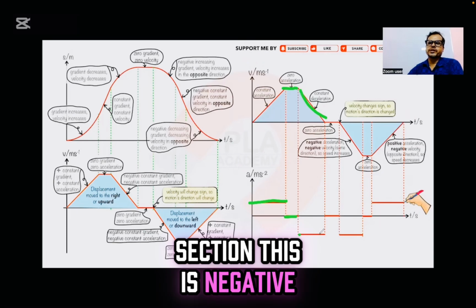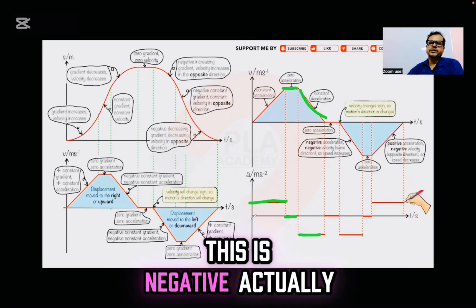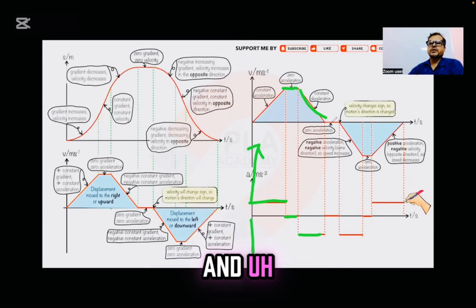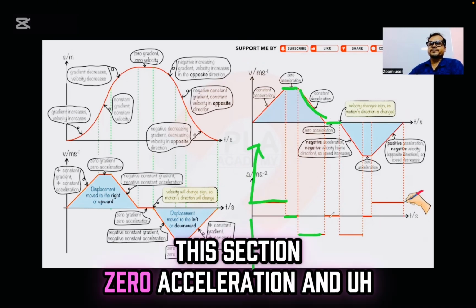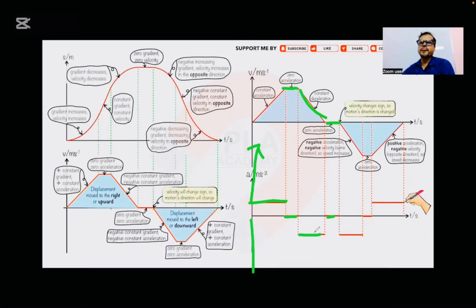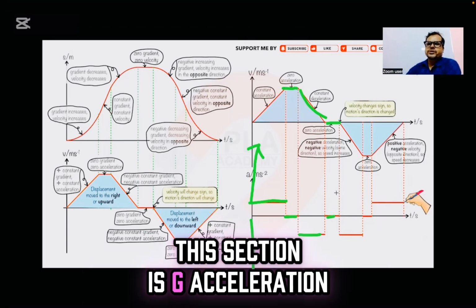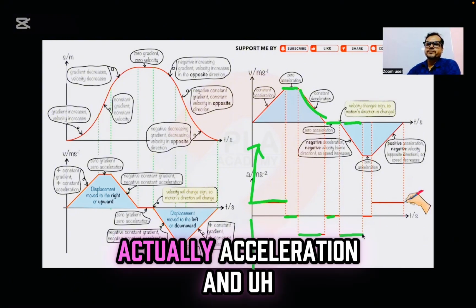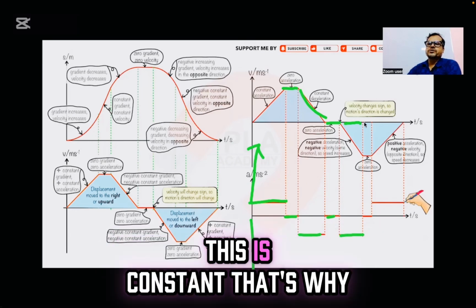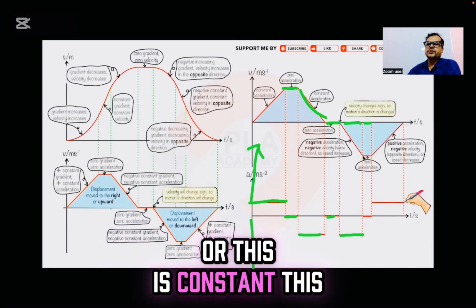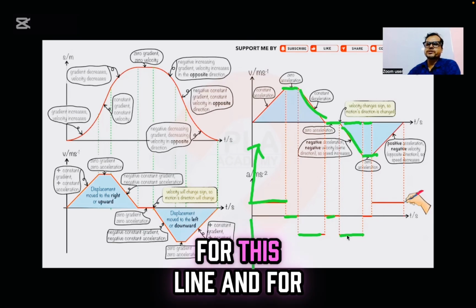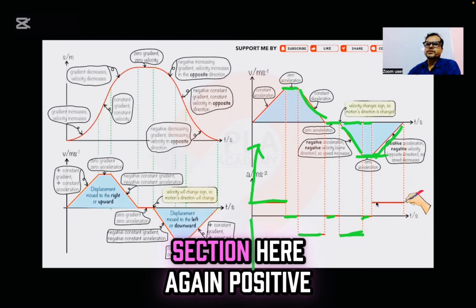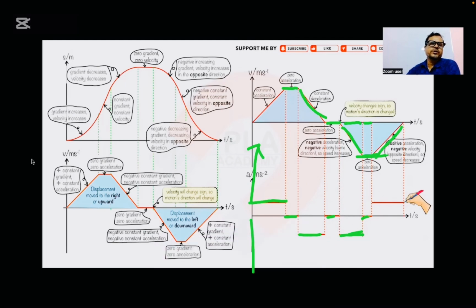For this section this is negative, and this upper side is positive. Okay, and this section is zero acceleration, and this section is zero acceleration, and for this section this is constant acceleration, and again for this section this line, and for this section here again positive.